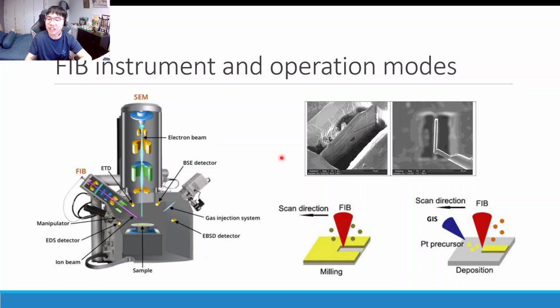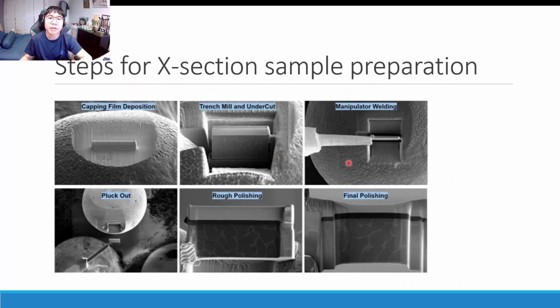So this deposition allows us to deposit a protective layer to protect sensitive top layers of the sample as it is being cut. So let's look at the example of how all of this is used to obtain a cross-section sample for your TEM analysis. Firstly, a capping film is deposited using the deposition mode that I told you earlier, so as to protect the top layer of the material as the trenches are being cut on both sides.